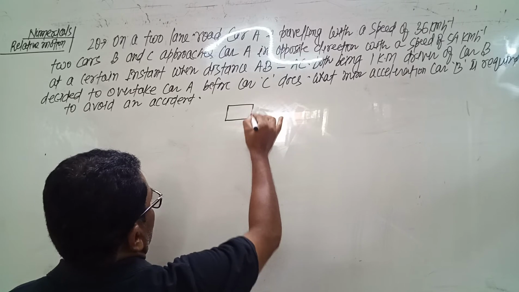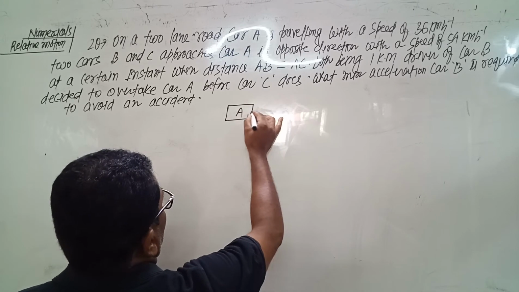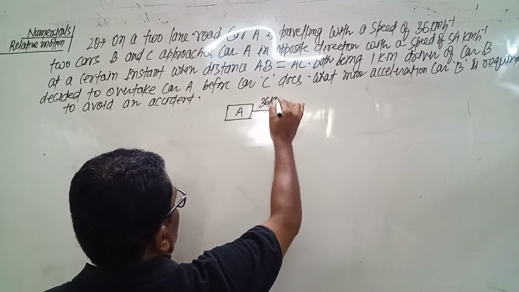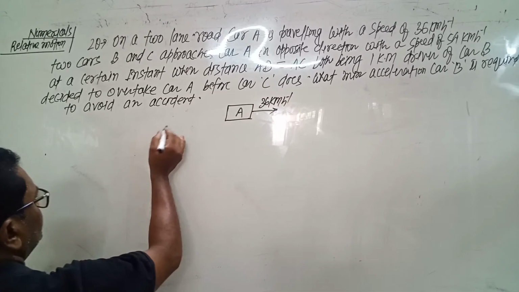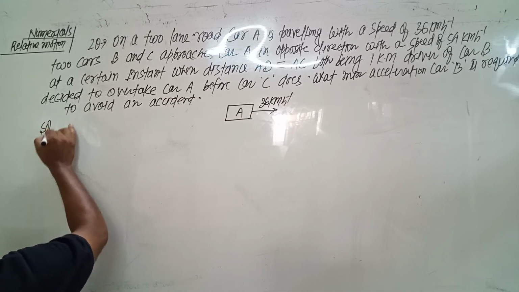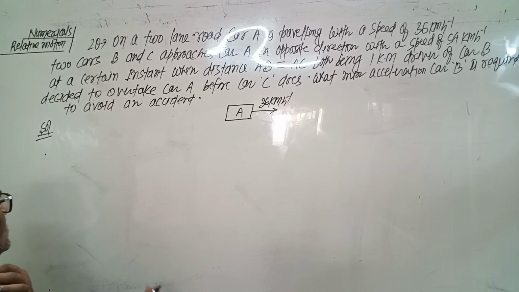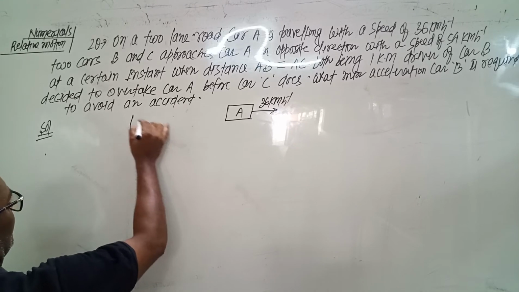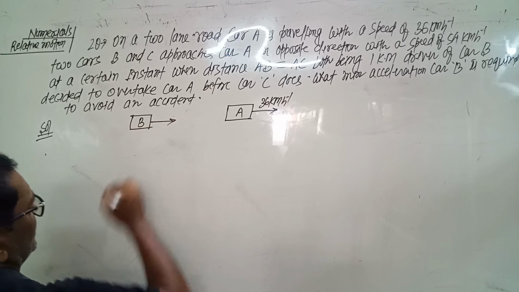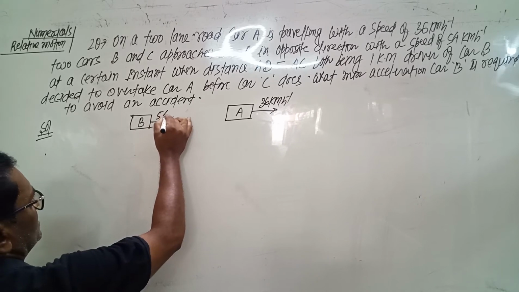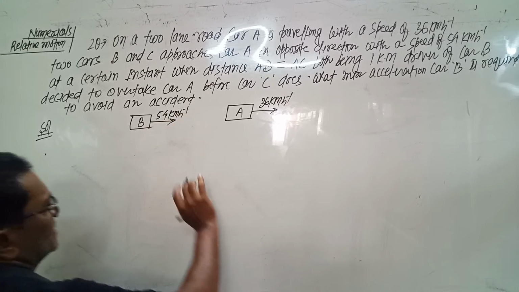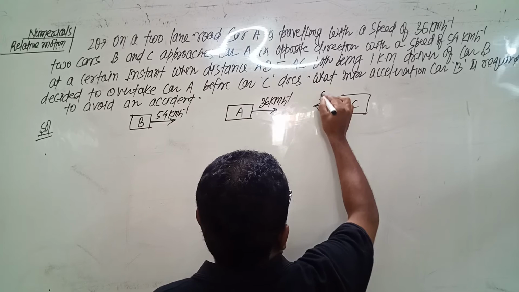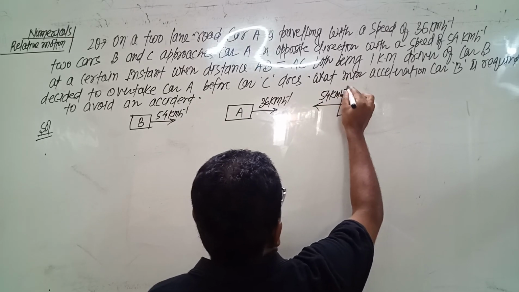So there is car A, traveling with a speed of 36 km per hour, and two other cars B and C. Car B is traveling in the same direction with a speed of 54 km per hour and car C is traveling in the opposite direction with a speed of 54 km per hour.